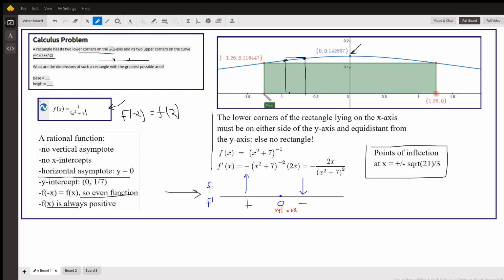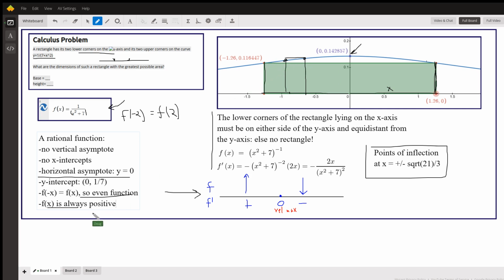The idea is that if we let this distance be x from here to here, then this distance must also be x. And that's because that gives us the same lengths for the width on both sides of the rectangle.